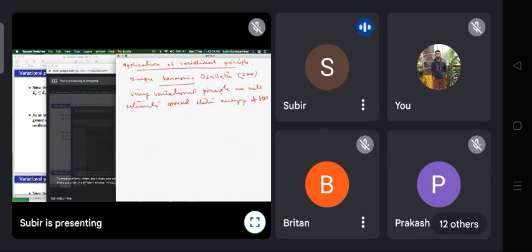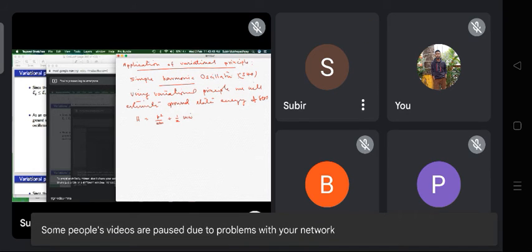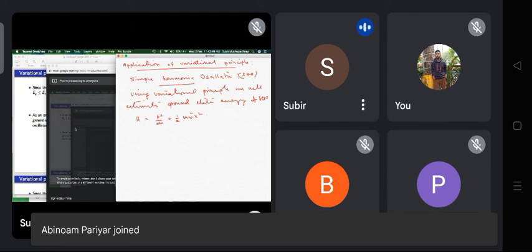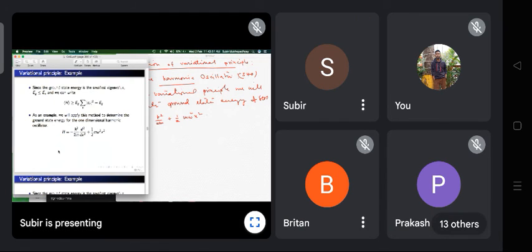So first we need two things for the variation. The first thing is the Hamiltonian. The Hamiltonian we know: p square by 2m plus half m omega square x square. Second, we require what is called a trial wave function.